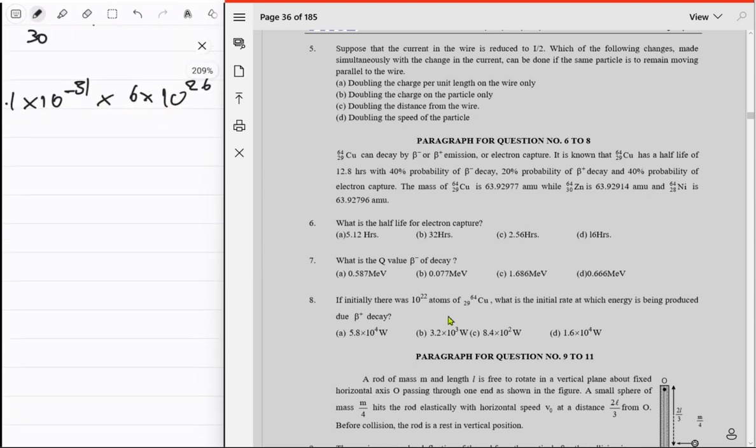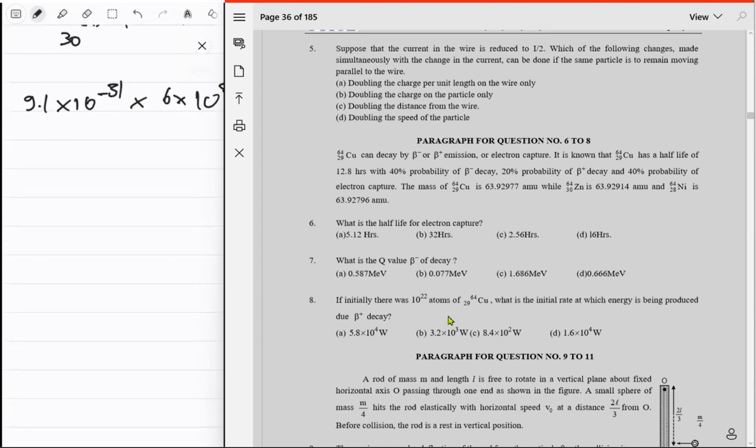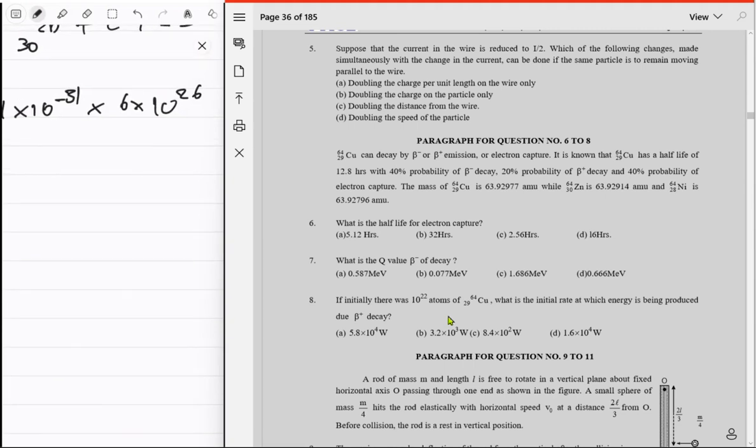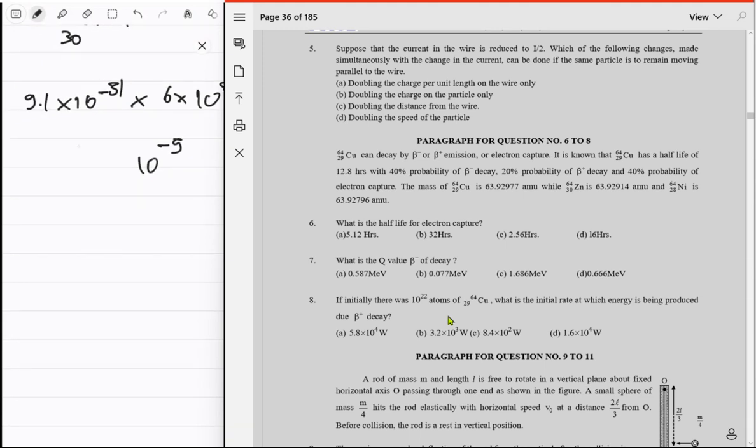This is our mass in AMUs, right? So 10 power negative 5, and then approximately 9, 9 times 6 is 54, like 5.4 times 10 power negative 4, whatever it is. And the difference, how much is that? 63, yes that's fine, that's 64 whatever.